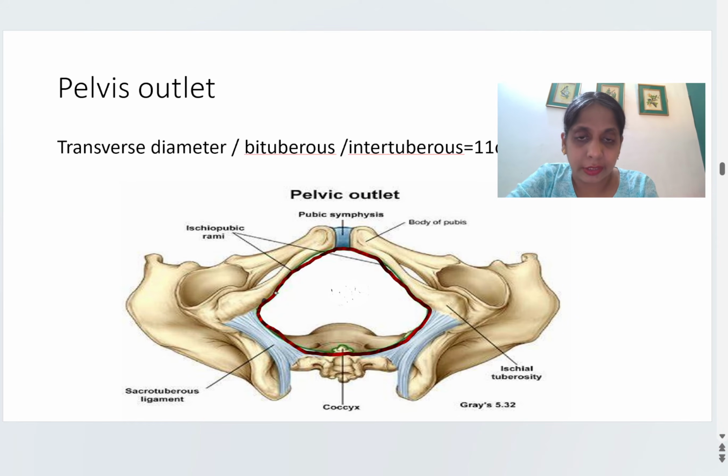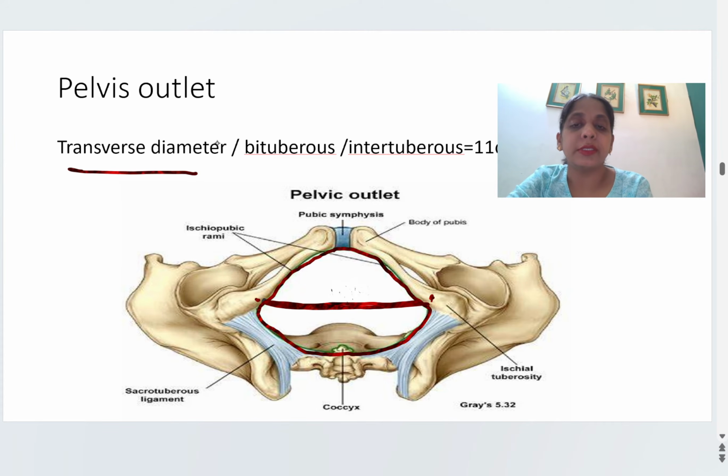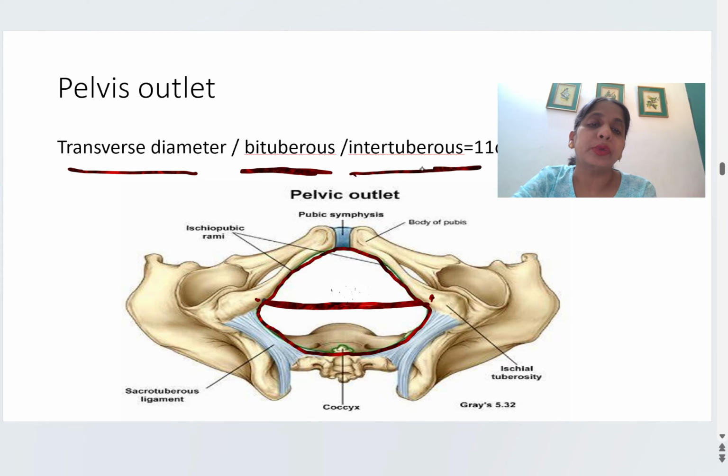This is between one ischial tuberosity and the other ischial tuberosity. This transverse diameter is also known as the bituberous or intertuberous diameter, and it is 11 centimeters.